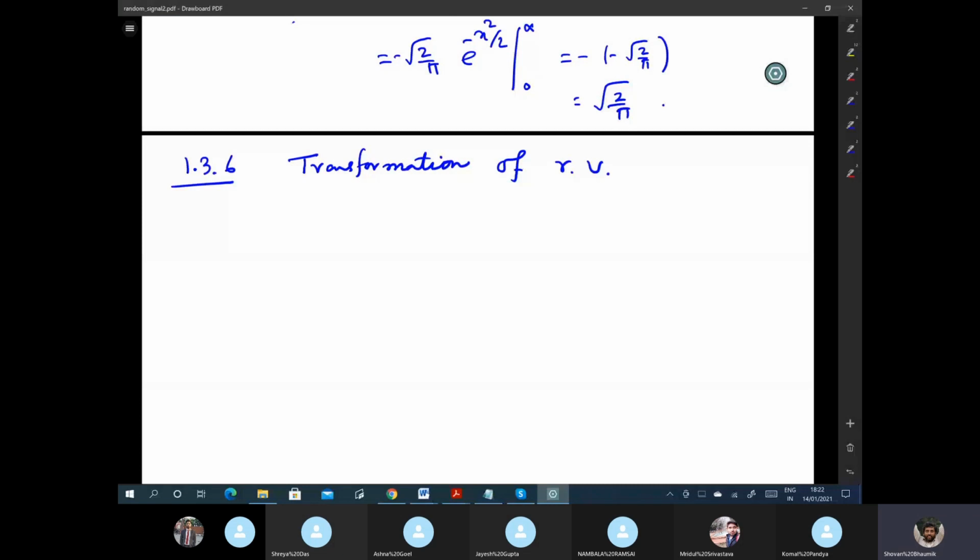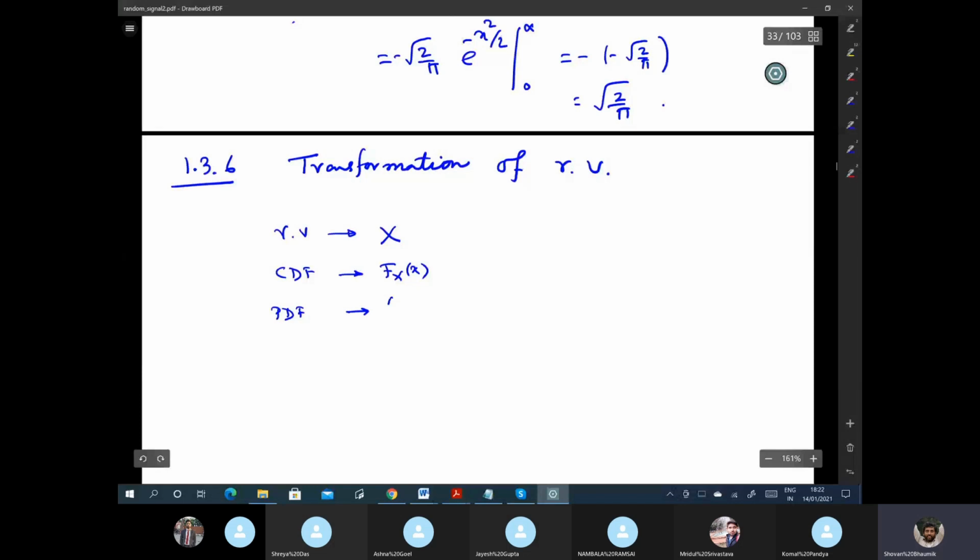So what are we going to do? As easy as possible. Suppose we have a random variable x. We have its CDF, which is important as I said, and we have its PDF, f of small x.